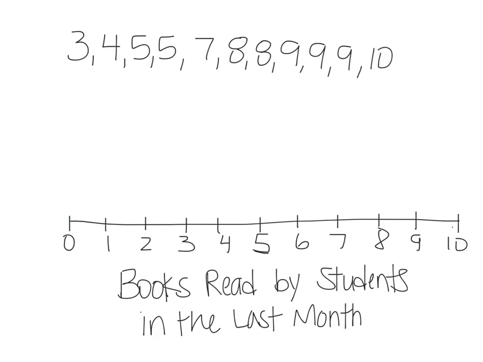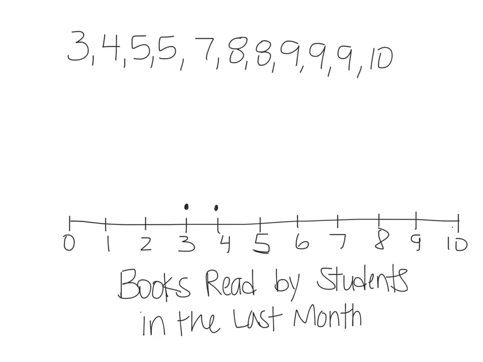Now, wherever I see a number, I'm going to put a dot above that number on the dot plot. So I have 1 3, so therefore I will put 1 dot above the 3. I have 1 4, so I will put 1 dot above the 4.